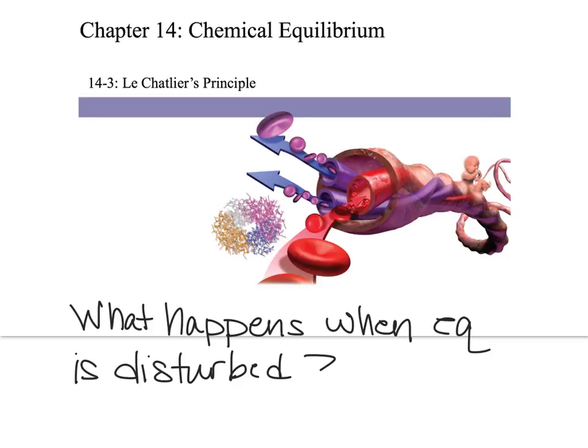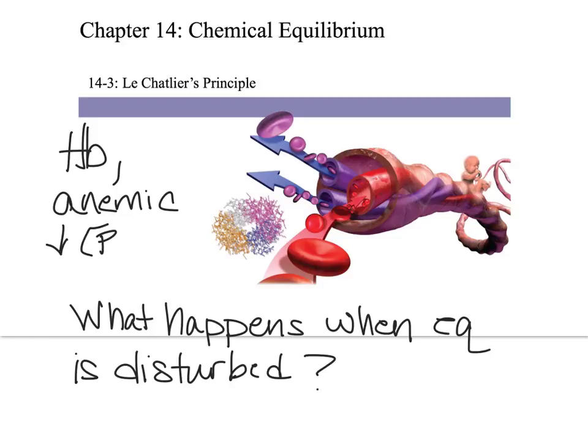For example, if we consider hemoglobin, in the case when someone is anemic, that is, they have a low concentration of red blood cells, how does the body respond in order to supply oxygen to all of its needs? So we'll be answering those questions and looking at some example problems.